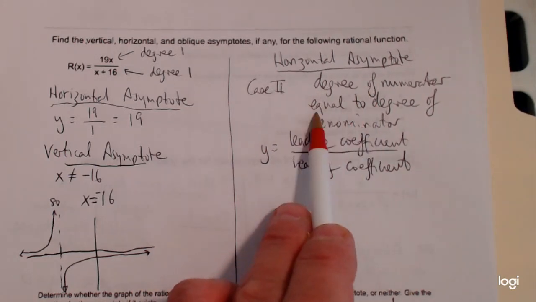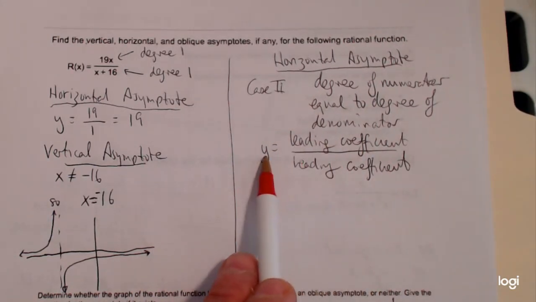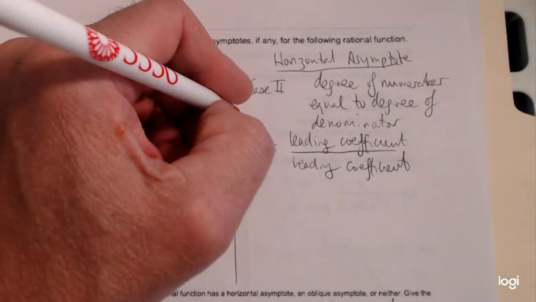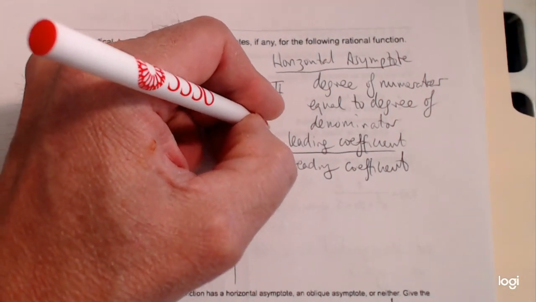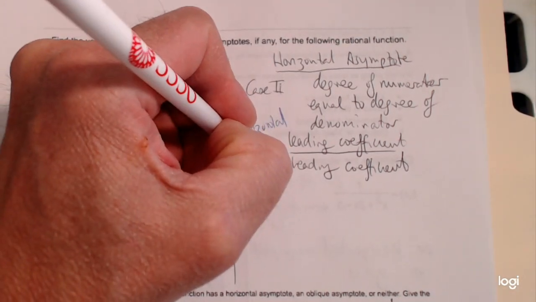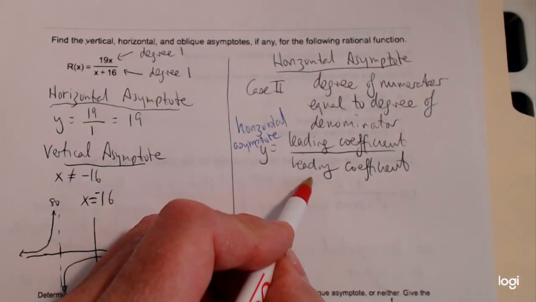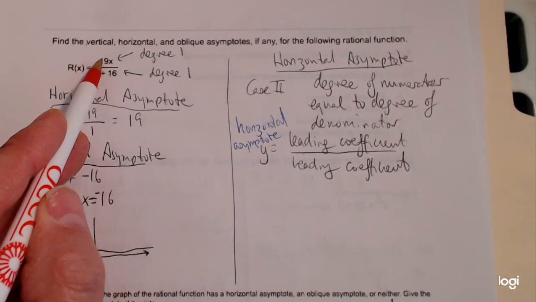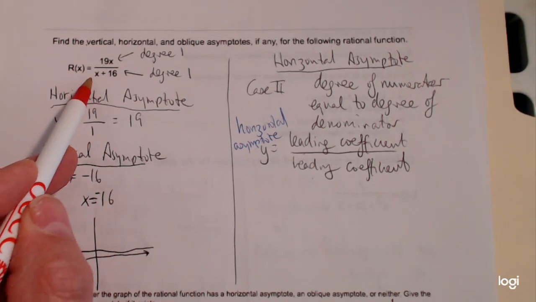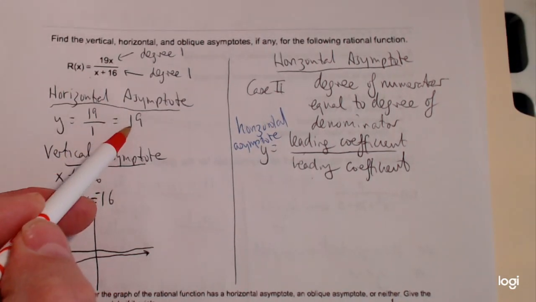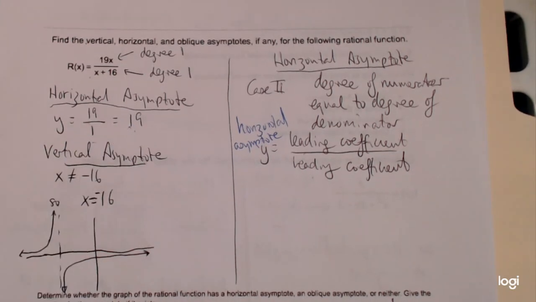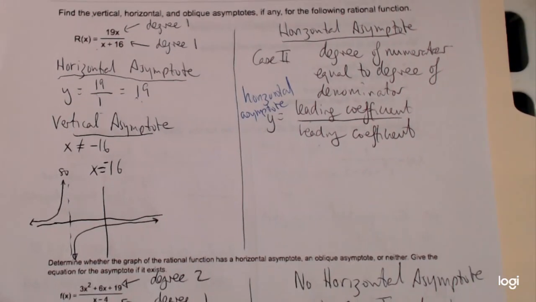Degree of numerator equals degree of denominator. Then the horizontal asymptote is leading coefficient divided by leading coefficient. So my leading coefficient here is 19, and my leading coefficient here is 1. So I get 19 over 1, y equals 19 is my horizontal asymptote.